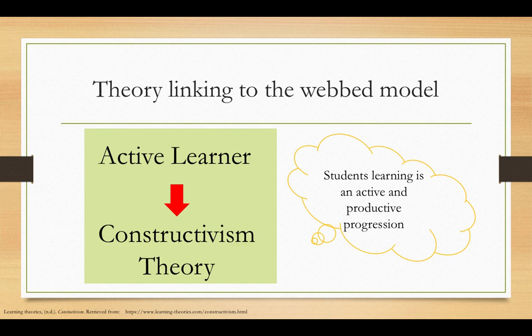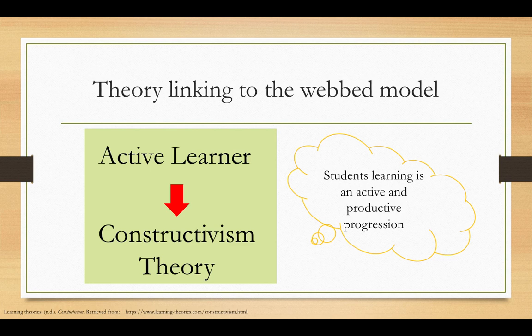A learning theory that effectively connects with the webbed model approach to learning is the constructivist theory. Returning to basic understandings, this theory of learning is a view that student learning is an active and productive progression. This is seen as learning can be individually viewed, holding different representations for each student, while actively linking new information with preconceived knowledge.